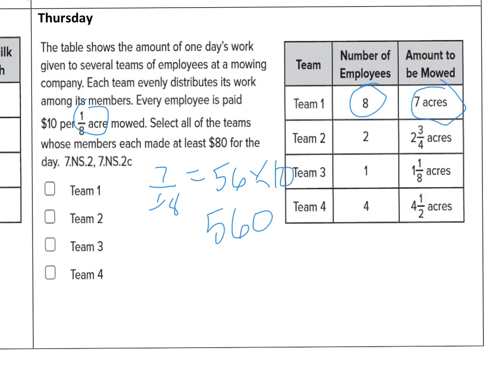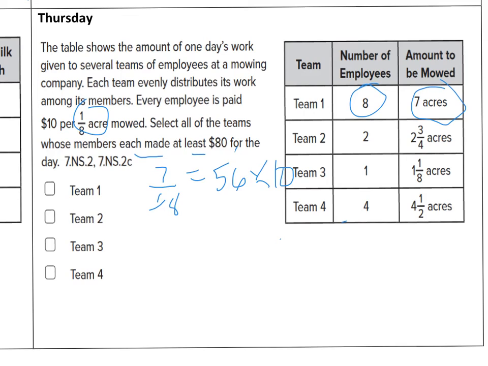There are 8 employees, so $560 divided by 8 gives us $70. So automatically we know that Team 1 cannot be one of the teams selected, because each member would have to make at least $80, and each member is only making $70.